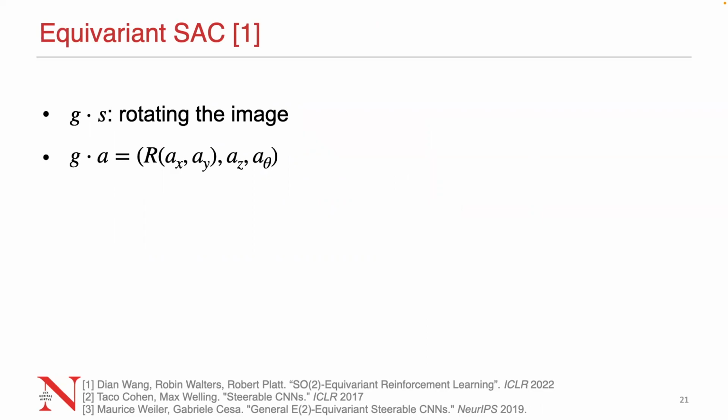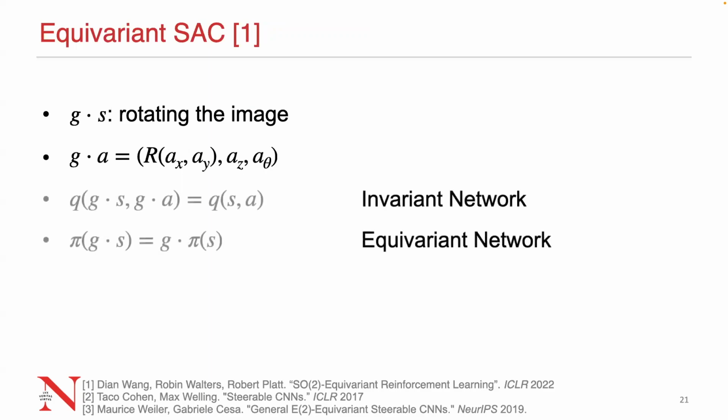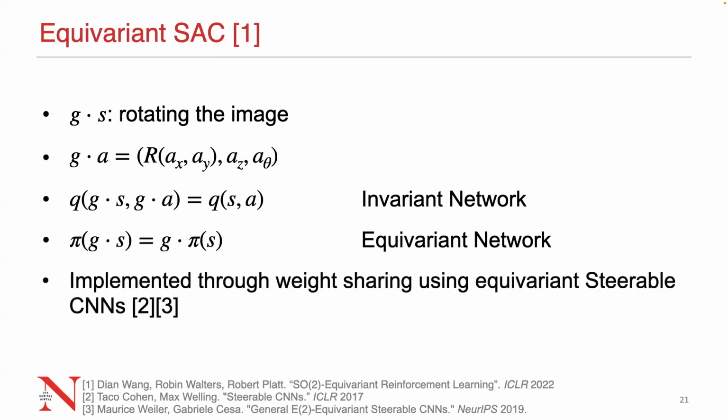And the critic is a mapping from state cross action to a real number. That's basically representing the Q function. So we can then just constrain the Q network as an invariant network and constrain the policy network as an equivariant network. And then we just implement that using the steerable CNN.